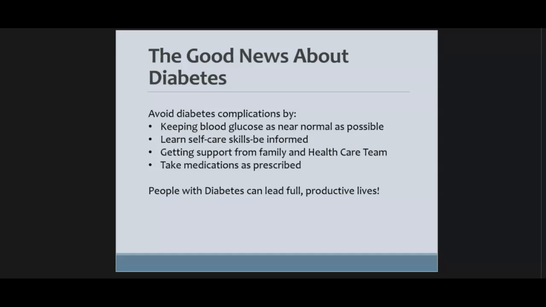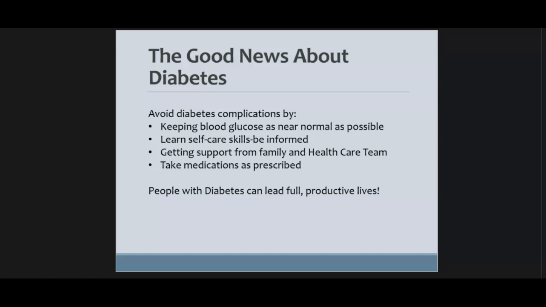They need to learn these self-care skills and be informed about the importance of their diet, what foods are going to make their body react a certain way, what foods they can and can't eat, when they should be eating, when they should be taking their medication, all these things. They need support for this, from a healthcare team, but also from their family. And then they really have to make sure they take the medication as prescribed.